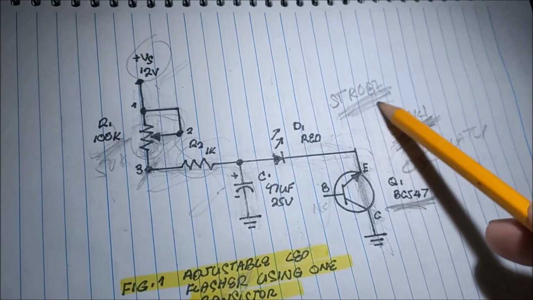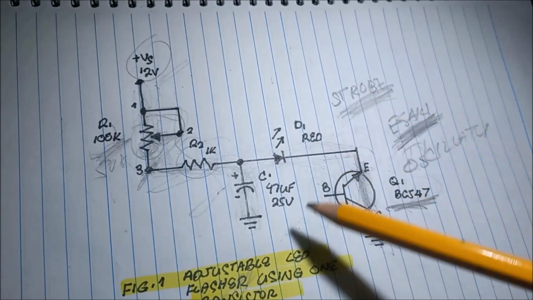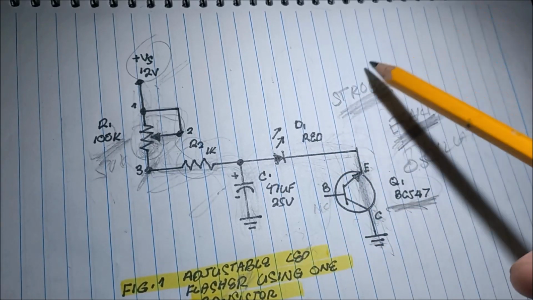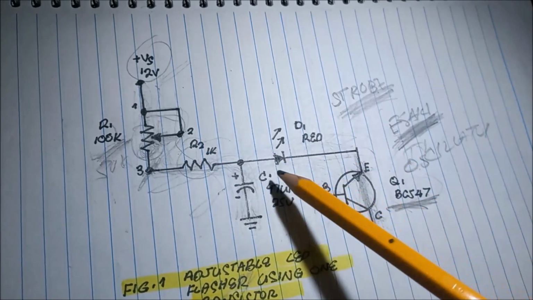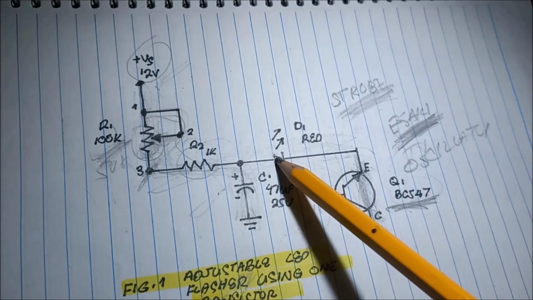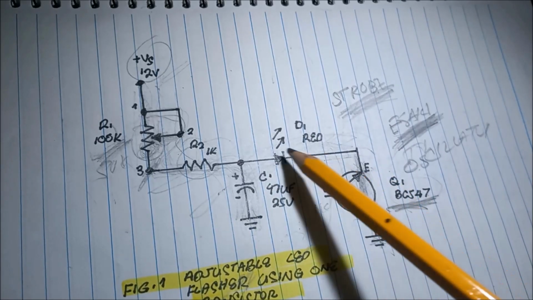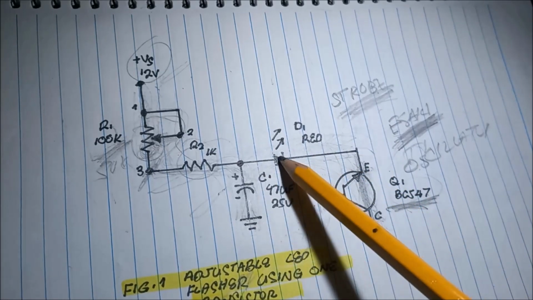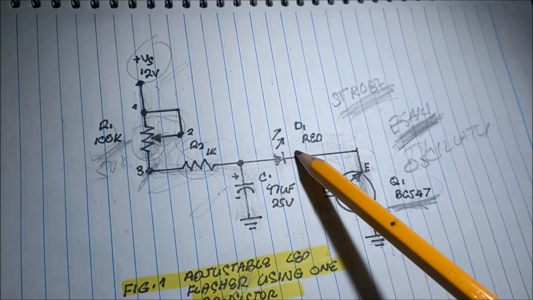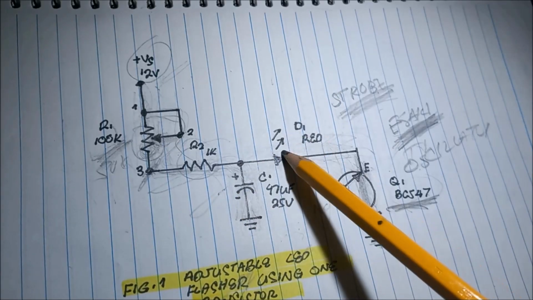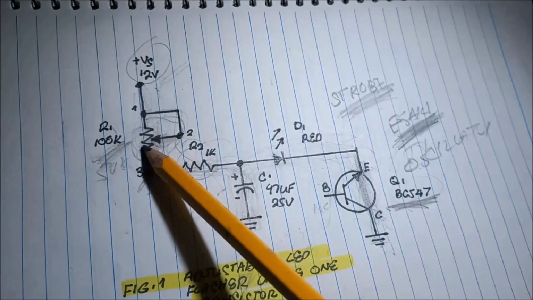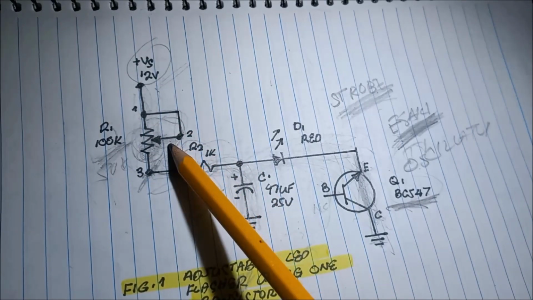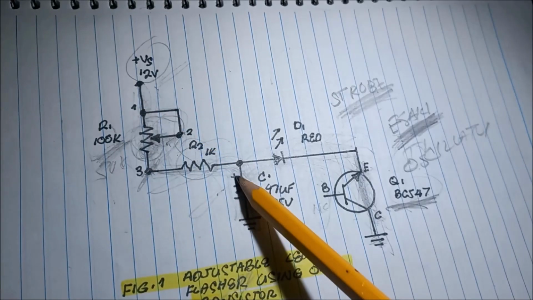And the effect is some sort of a strobing LED flasher. It strobes due to the charging and discharging of the capacitor. And this LED turns on briefly, long or short, or flashing, depending on the adjustment of the potentiometer in our circuit.